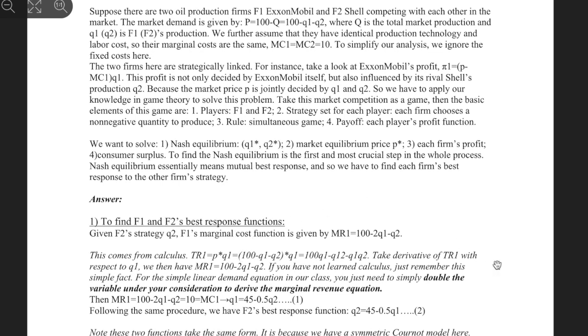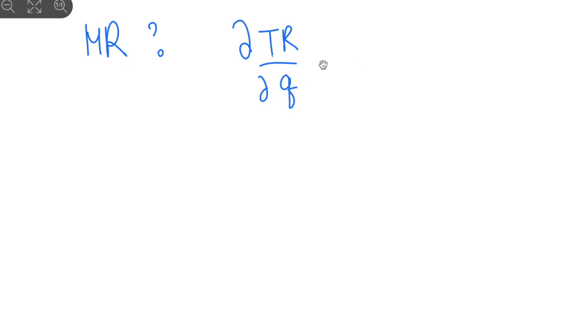Yeah, we have to look at the marginal revenue and the marginal cost. So what is marginal revenue? It's the derivative of total revenue with respect to quantity, right?